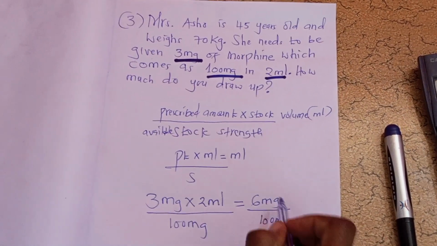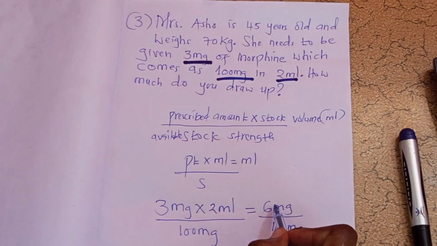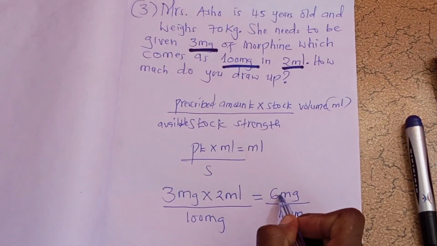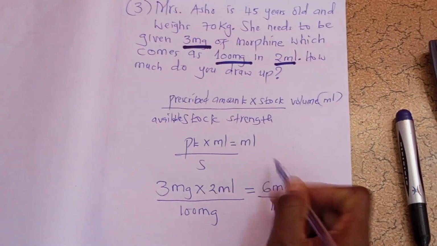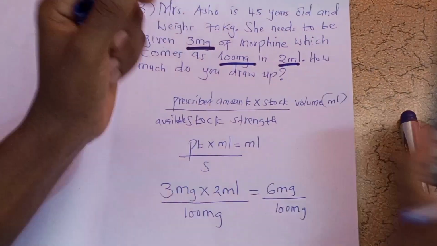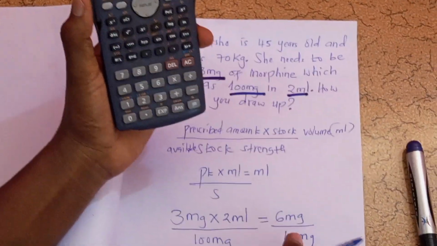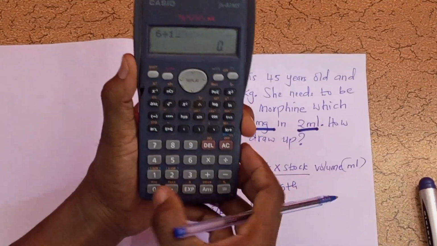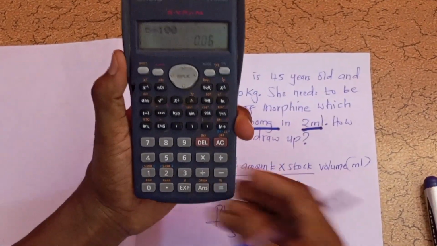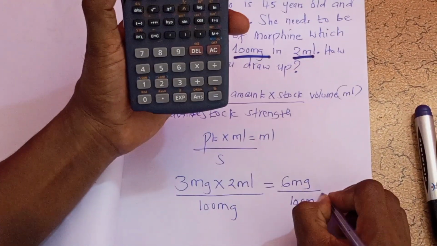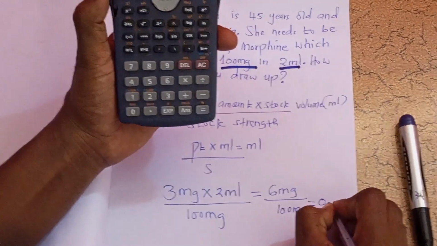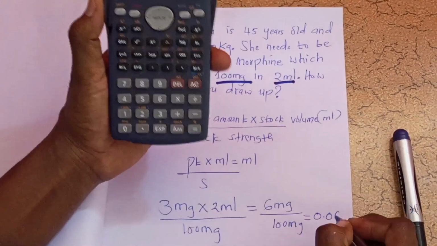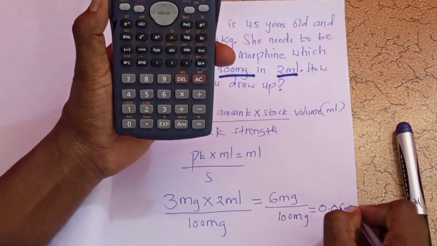You can start by moving to the nearest decimal places. You move 2 decimal places, or you can calculate directly from the calculator. For example, 6 divided by 100 is equivalent to 0.06 ml.